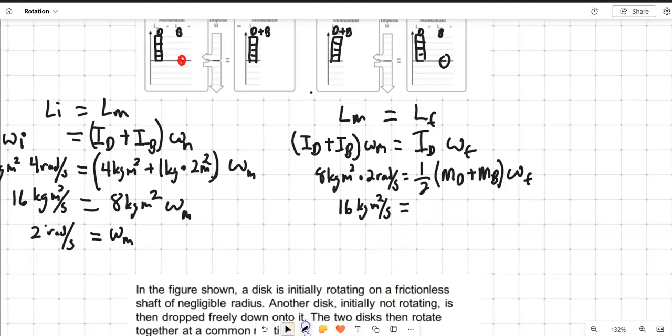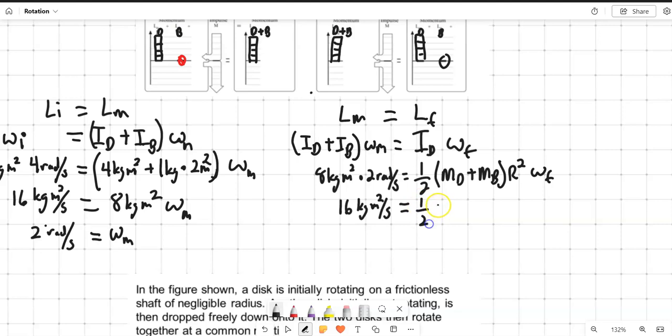So this right here is the new moment of inertia for the disk. That's the mass of the disk plus the block's mass times the size of that disk, which I think we called 2 meters radius. So this is going to be 2 meters radius squared times omega final.